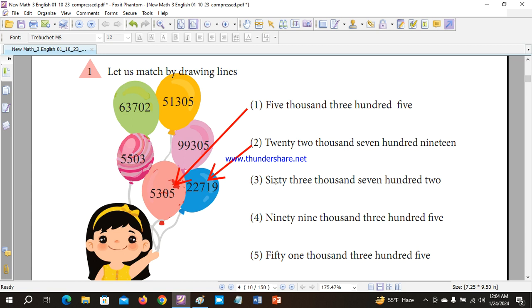And number 3, 63,702. 63,000 here, 63,702. And number 4, 99,305. 99,000, this is 99,305.